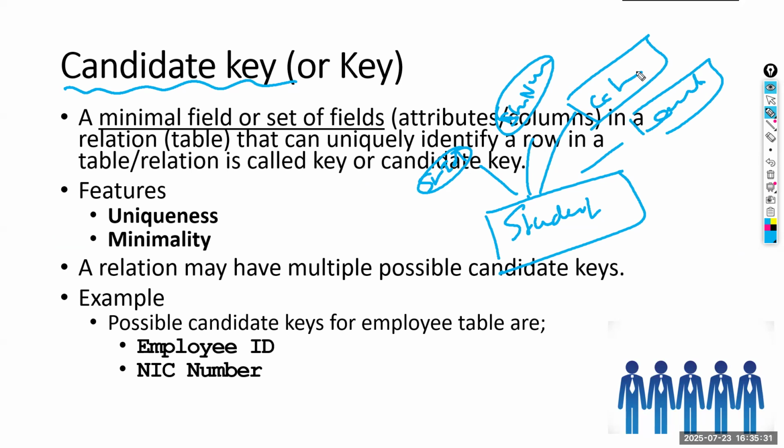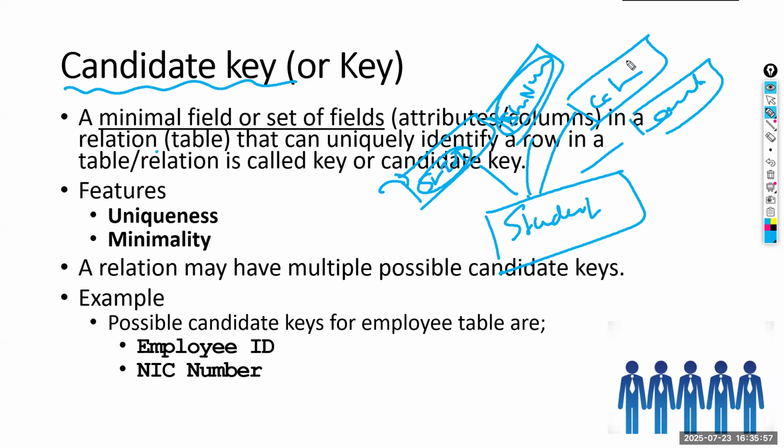In order to select the primary key, you need to find the candidate key. Candidates are possible, apekshakya. For example, if it is a student table, possibly you have student ID. So student ID is definitely a candidate key. Maybe you have the NIC number, possible key, candidate key.